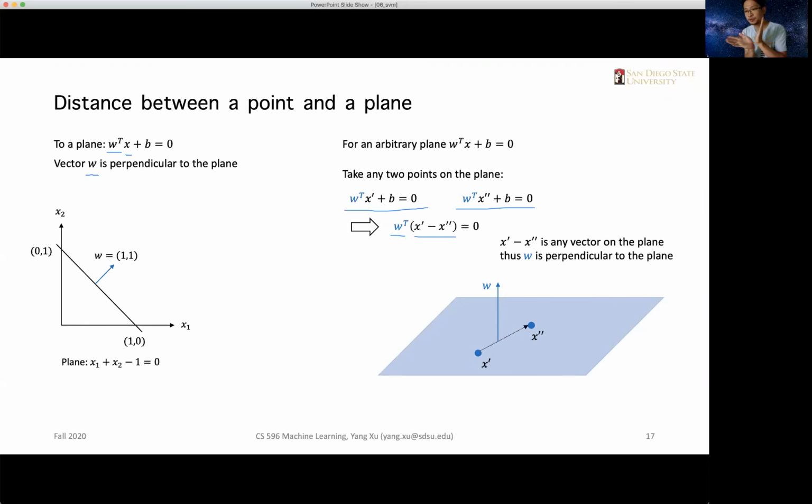If the dot product between two vectors is 0, then the projection of one vector onto the other is 0. Okay, so they are perpendicular. Because x prime and x prime prime are any two vectors randomly picked on this plane, the vector W must be perpendicular to the whole plane. Okay, that's how we prove it.